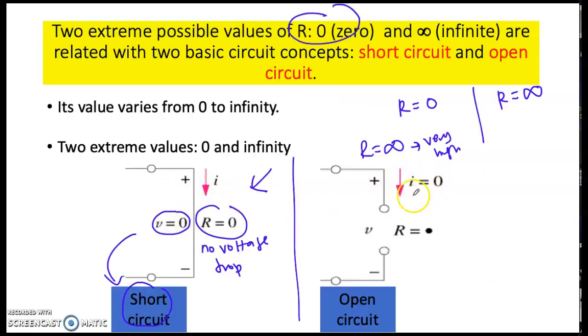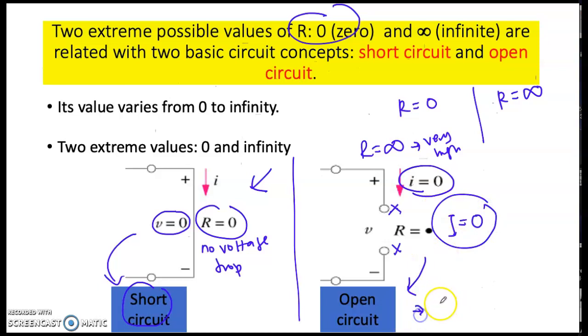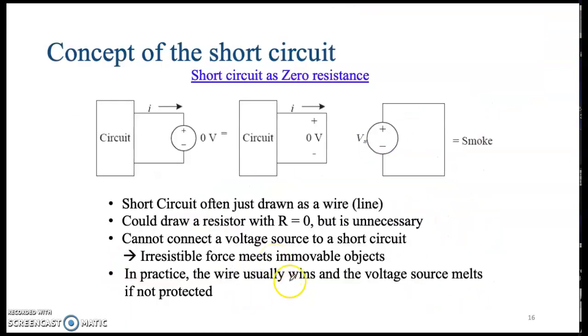So it will go almost to no current, I equal to 0, because this is not a highway. We call this like a village road. There is so much resistance in between that the current cannot even flow through. So no current means I equal to 0. We call this an open circuit. So an open circuit happens when R equals infinite. A short circuit happens when R equals 0. You imagine this one is like a highway.